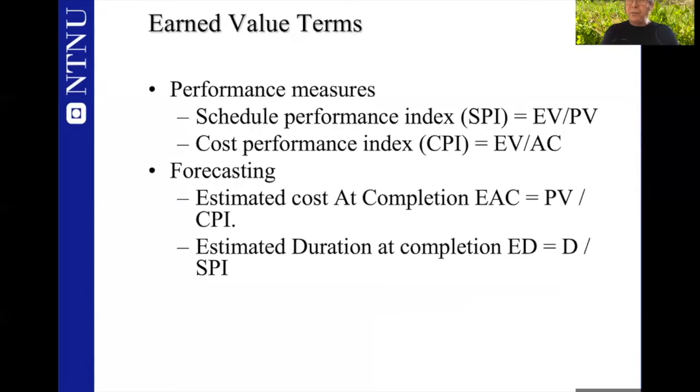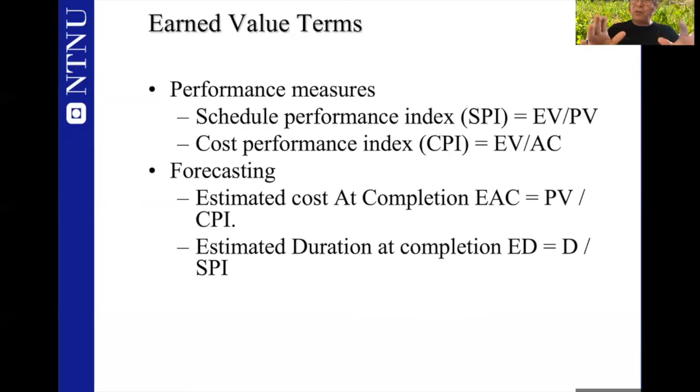In order to compare these three variables together, we use some performance measures. There are two important parameters here. The first one is the Schedule Performance Index. The Schedule Performance Index, or the SPI, is simply the earned value divided by the planned value. Take a simple example. The planned value at the point of control was 1,000 kroner.